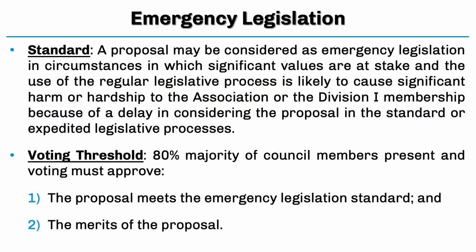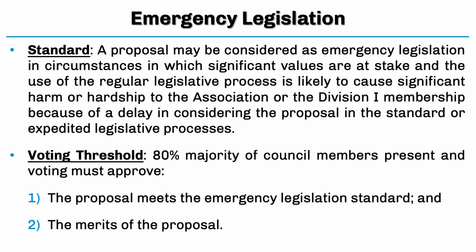A proposal may be considered as emergency legislation in circumstances in which significant values are at stake and the use of the regular legislative process is likely to cause significant harm or hardship to the association or the Division I membership because of a delay in considering the proposal in the standard or expedited legislative processes.